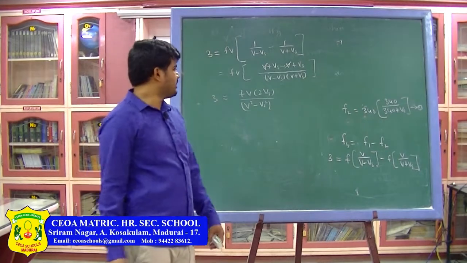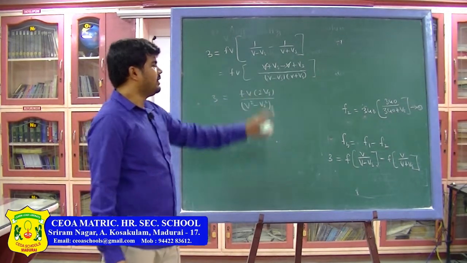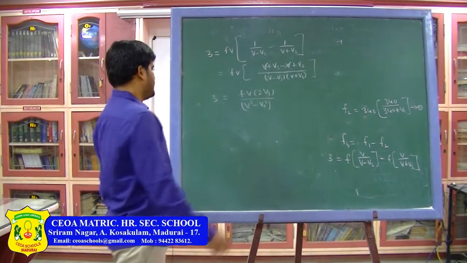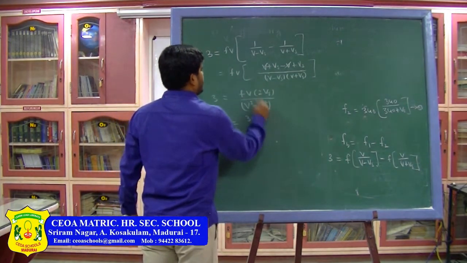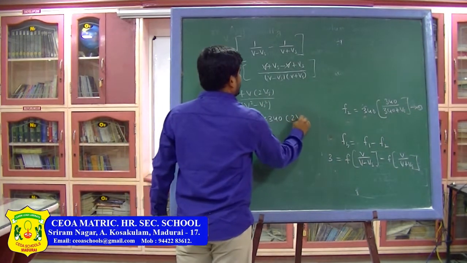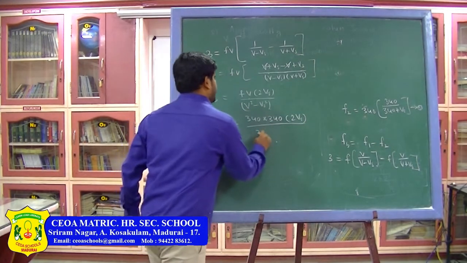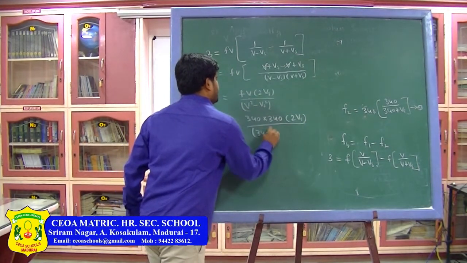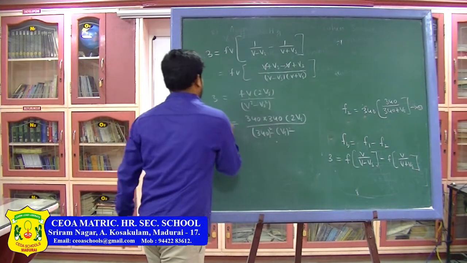From this equation, substituting the given values, you can get the required value of the speed of the source. Now let us find it. F value 340 and V value again 340, so 340 into 340 into 2 Vs divided by 340 squared minus Vs squared, that is equal to 3.